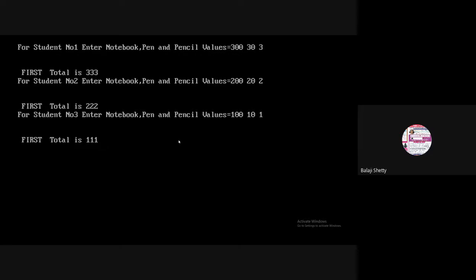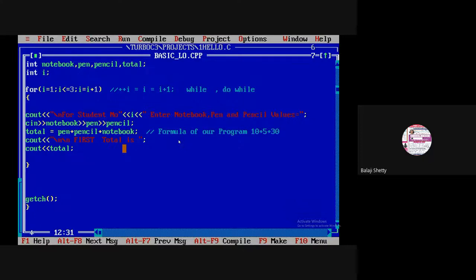So what should I do? Tell me. I have repeated the logic only for 3 students. I want to repeat it for 10 students. How will you do it? i less than 11, or i less than or equal to 10. Correct. Very good.